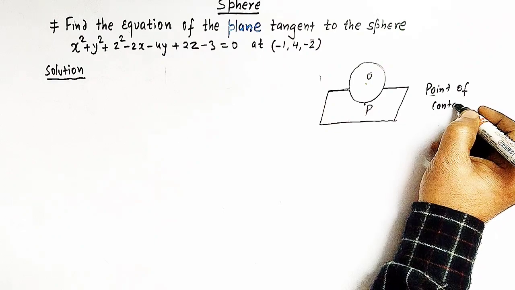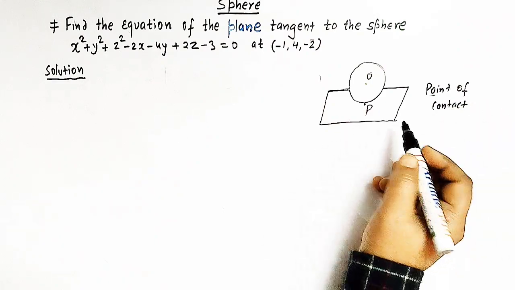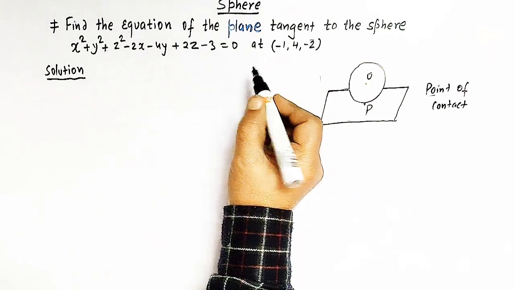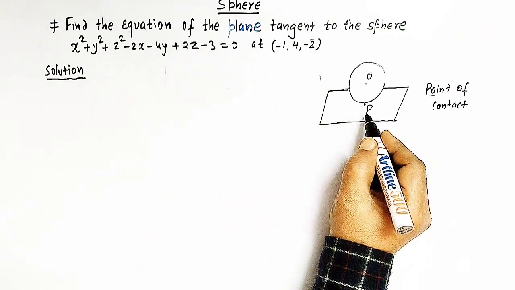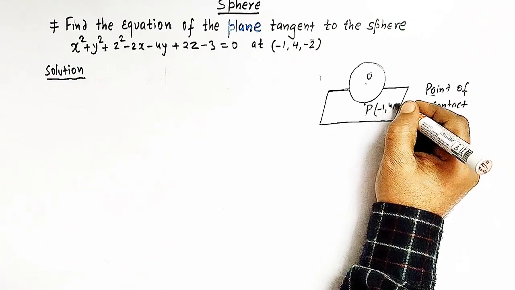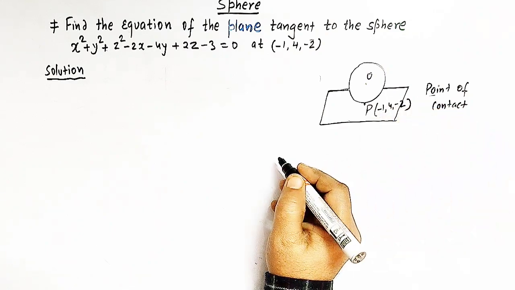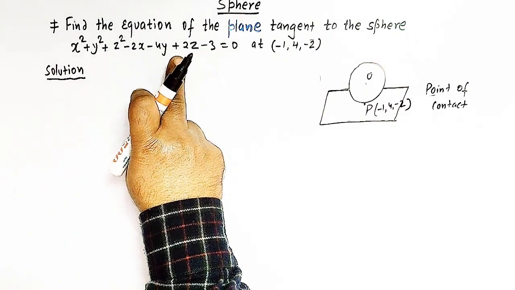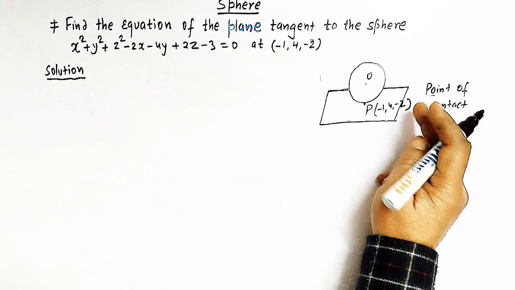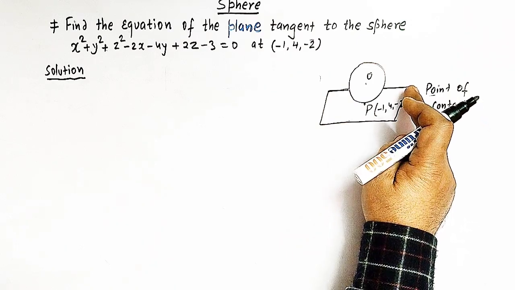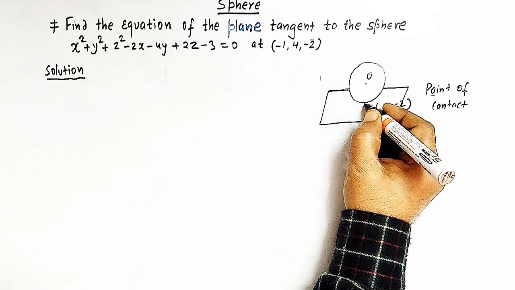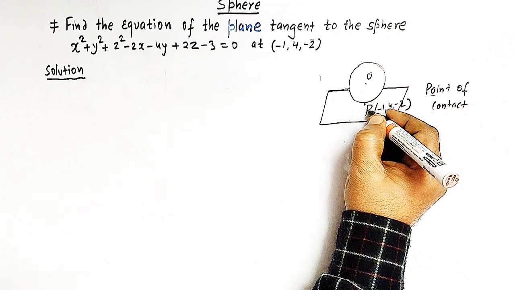So point of contact is the point where a sphere touches a plane, and here we are given the coordinates of the point of contact P as minus 1 comma 4 comma minus 2, right? And the equation of the sphere is given as this, right? Okay, so now we have to find out the equation of this plane P, which is tangent to this sphere at this point P, right?